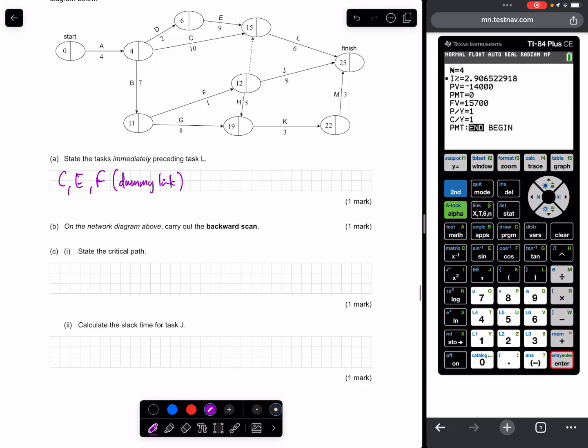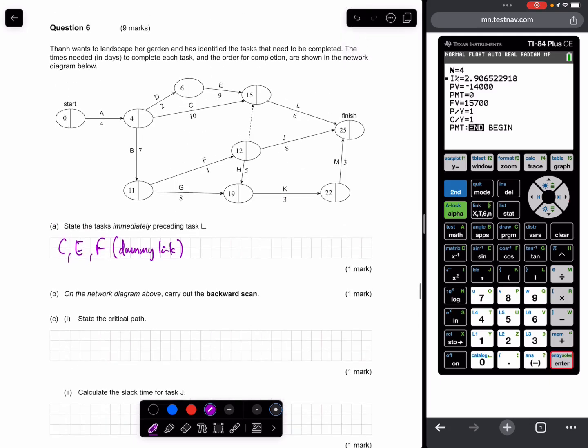On the network diagram, carry out the backwards scan. So we're assuming that they've done this properly. 25, 25 take 3, 22. 22 take 3, 19. 25 take 8 is 17. 19 take 5 is 14. 25 take 6, 19. 19 take 0.